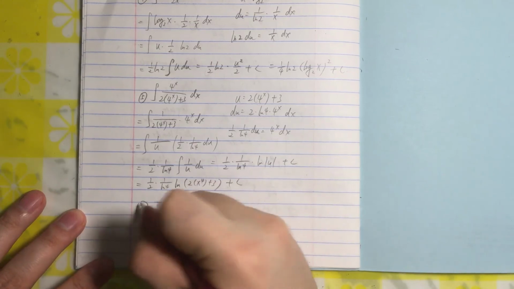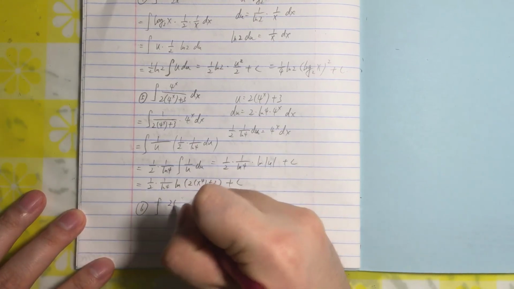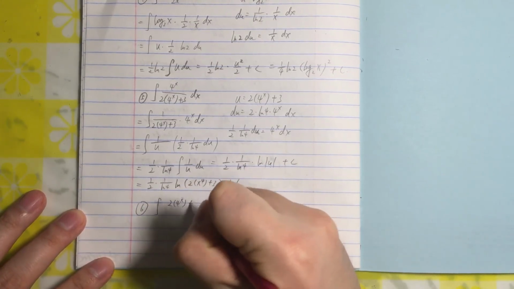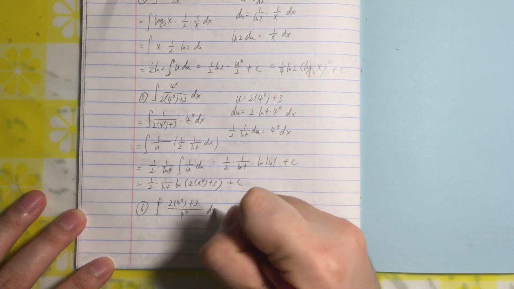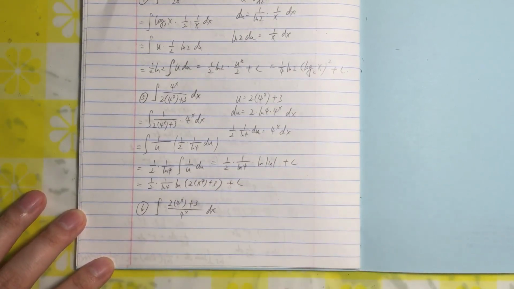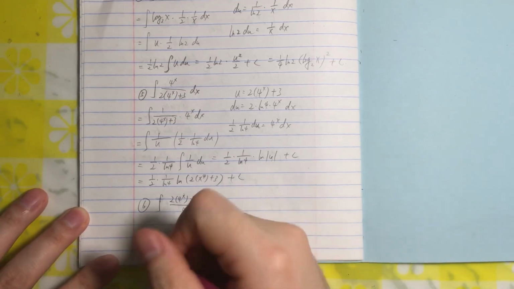Next example, integral of 2 times 4 to the power of x plus 3 over 4 to the power of x dx. How can we take integral for this function? We are not able to find antiderivative directly, so let's try to simplify the function first.